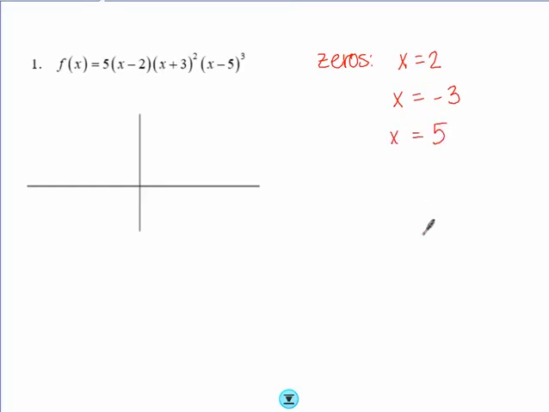And I get all of these zeros from setting each of the factors equal to 0. Now when we're looking at the equation, the multiplicity is the exponent on each of the factors. So x equals 2 has a multiplicity of 1, x equals negative 3 has a multiplicity of 2, and x equals 5 has a multiplicity of 3.